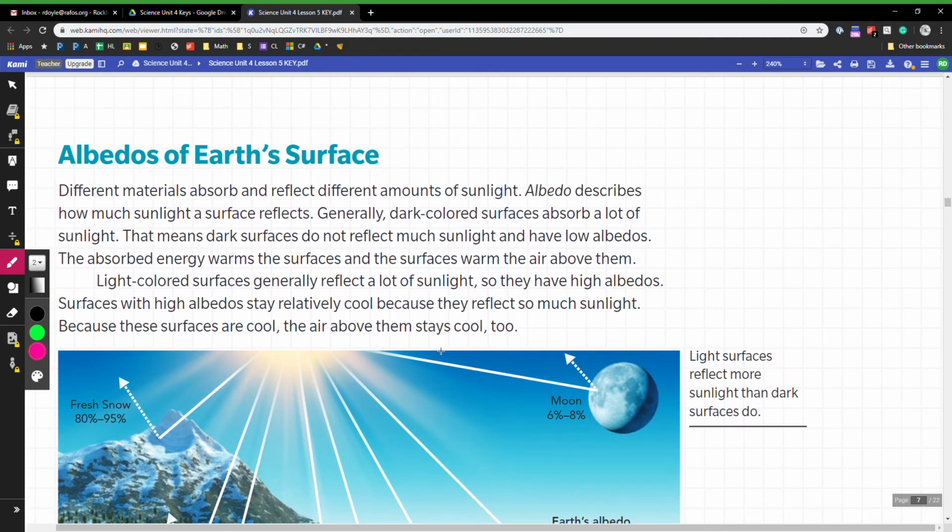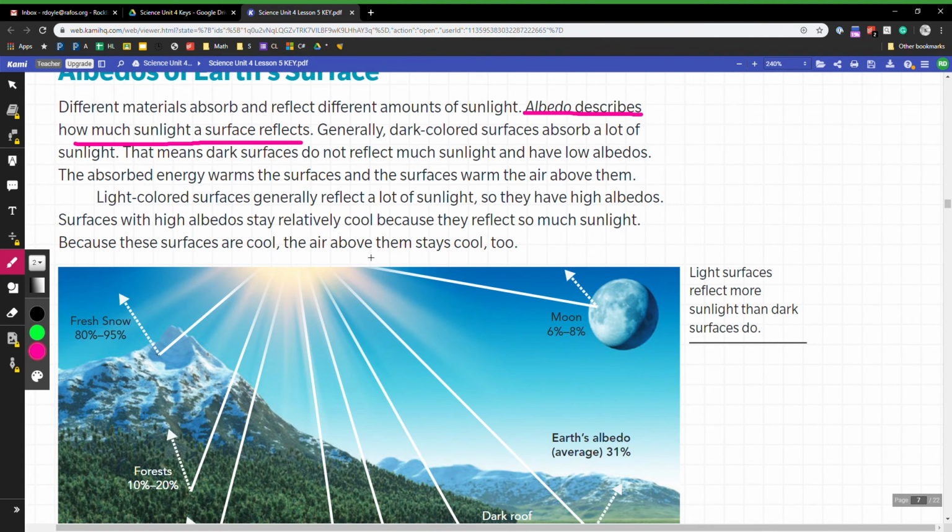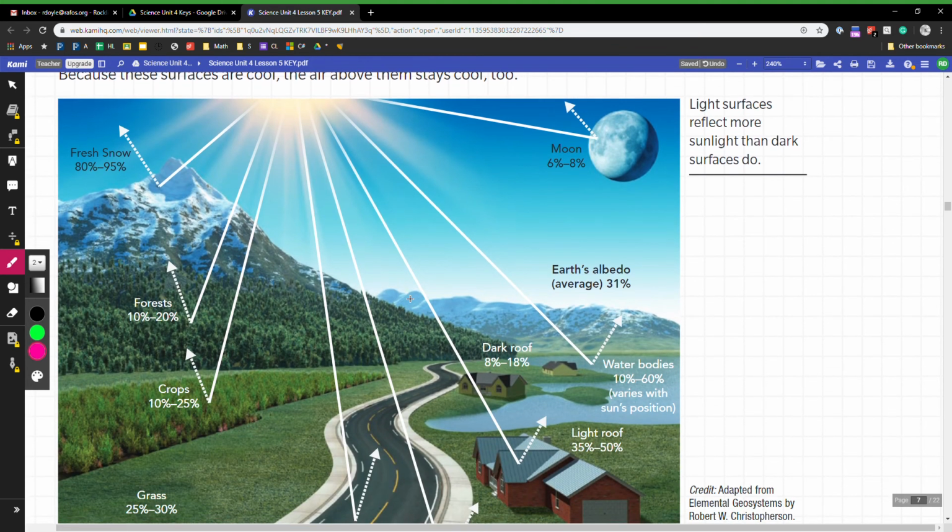Another thing that affects it is called the albedo. And the albedo describes how much sunlight a surface reflects. The moon doesn't have much to do with Earth. It's just kind of a comparison.